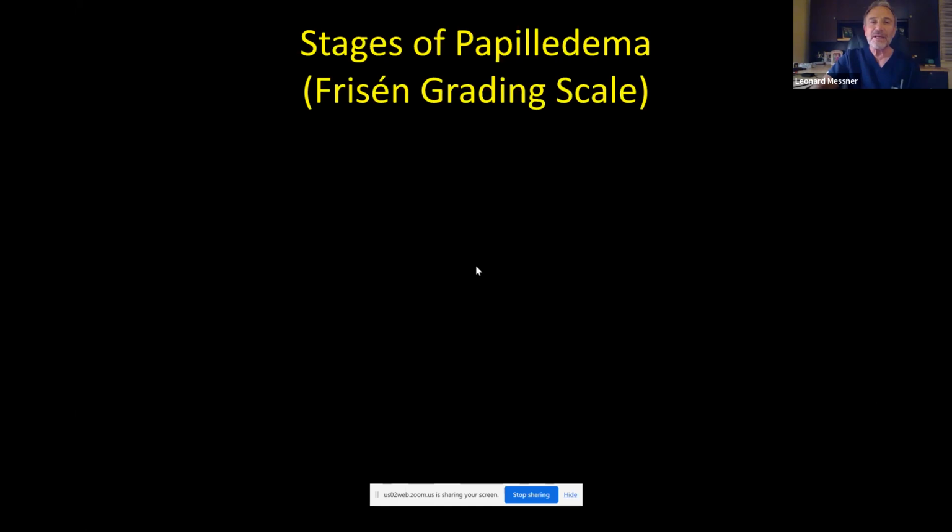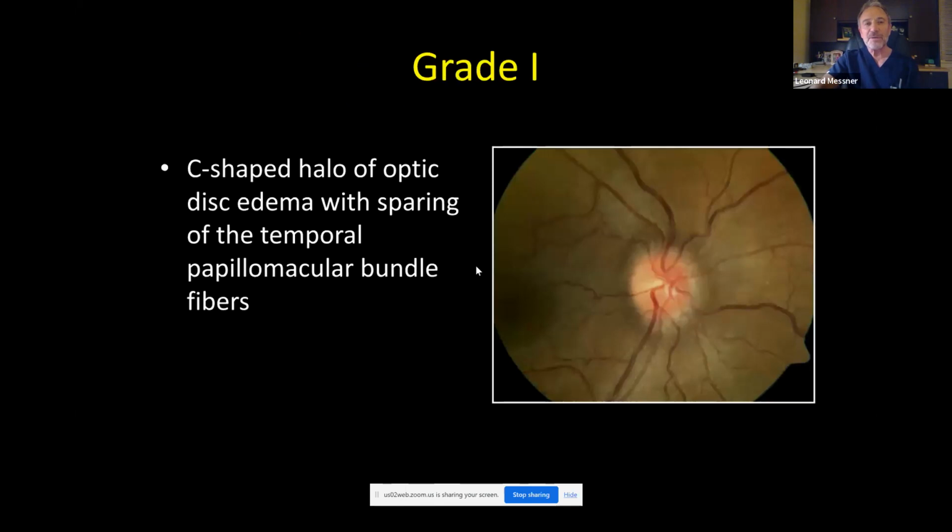So before we get into the OCT findings, I'd like to talk a little bit about the stages of papilledema. And I think that most of us use the Frisén scale that was developed back in the 1980s. Grade 1 papilledema is one of the more difficult diagnoses that we're called upon to make on a regular basis because the findings are very, very subtle.